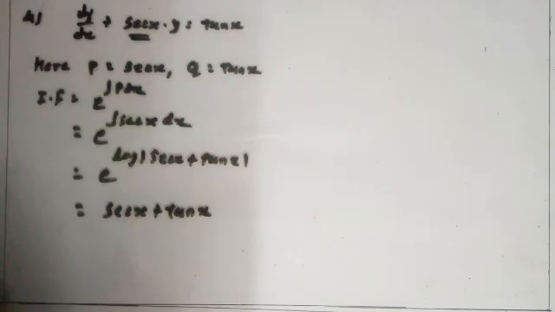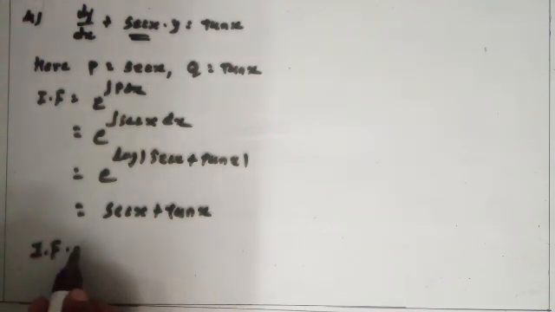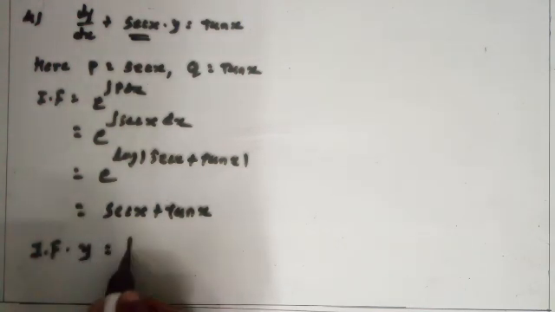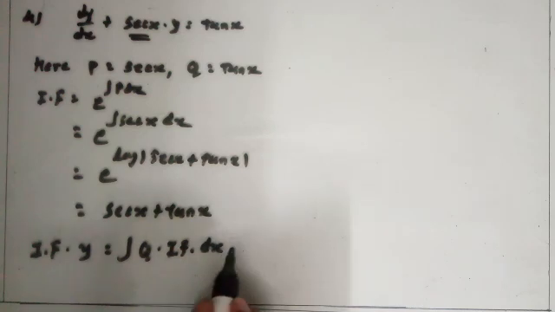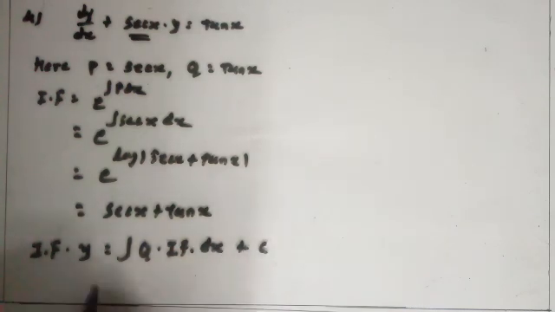Now multiplying by this to both sides, we get the general solution. IF · y = ∫Q · IF dx + c.